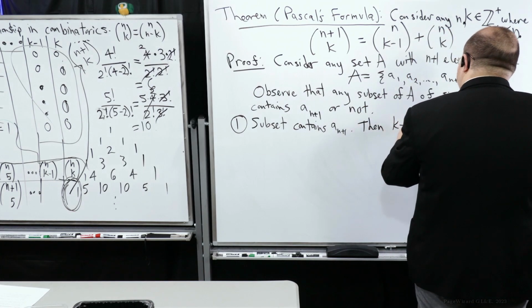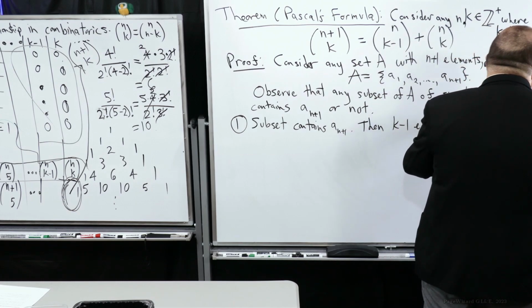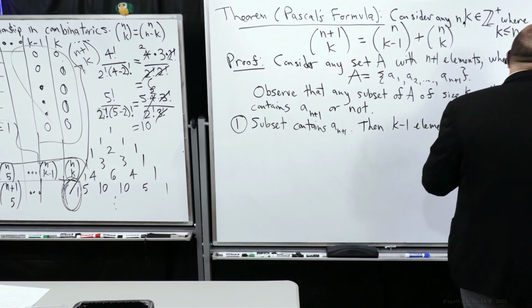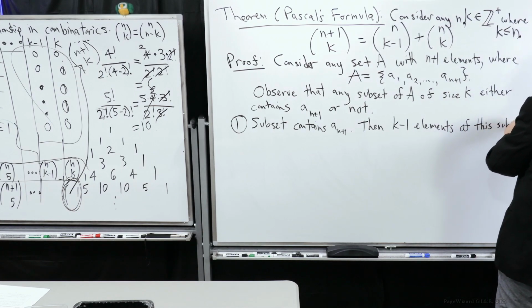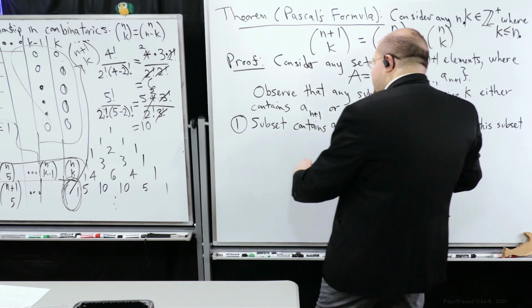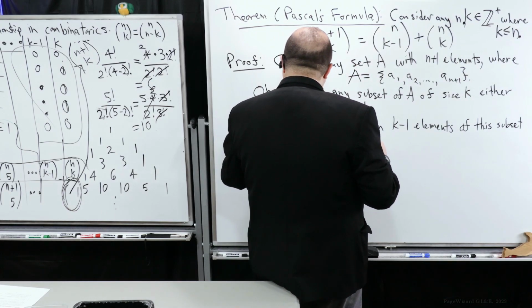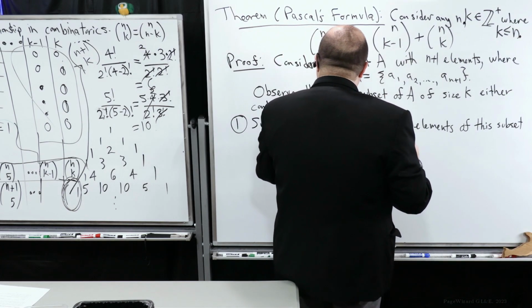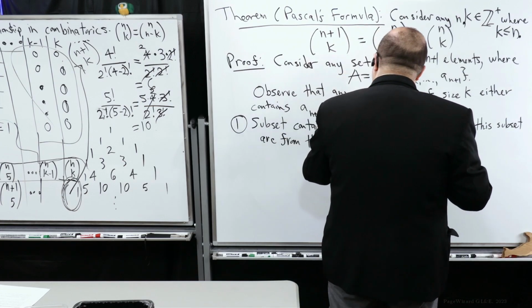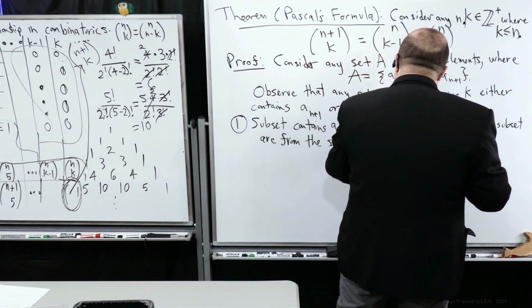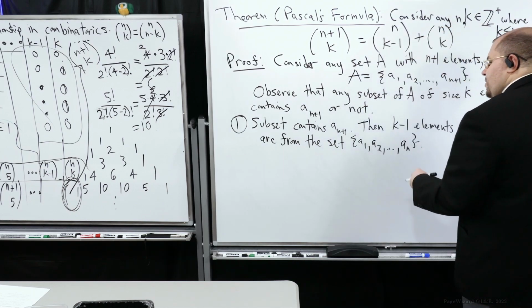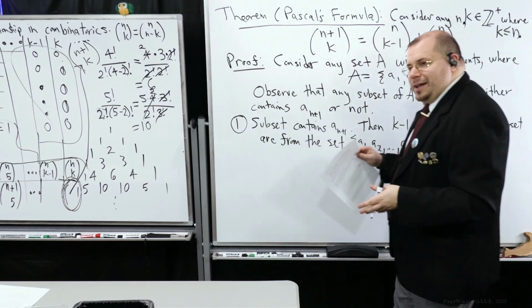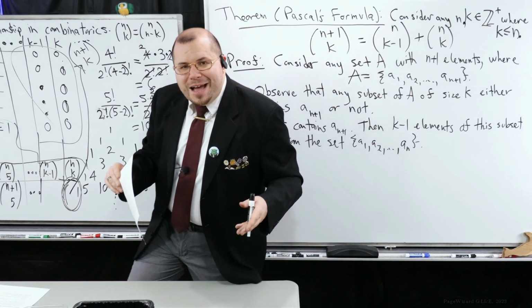Then k minus 1 elements of this subset are from the set A1, A2, all the way up to AN. So what would these subsets look like? Well, you're just going to imagine every single one of them.